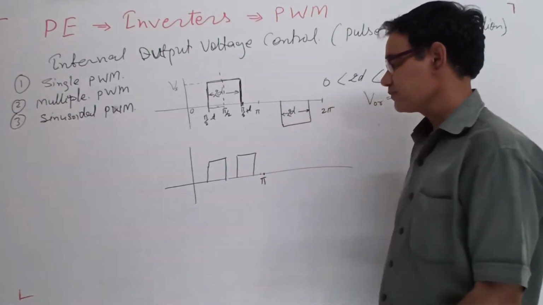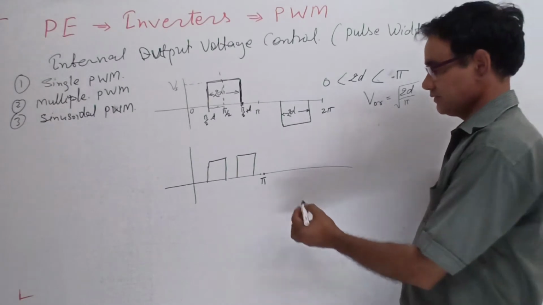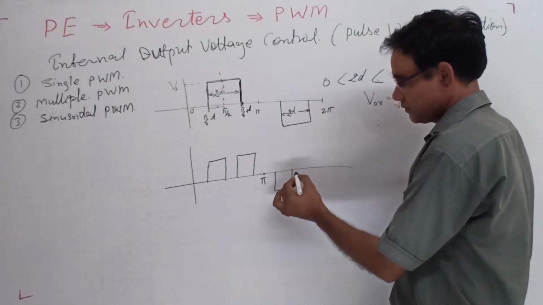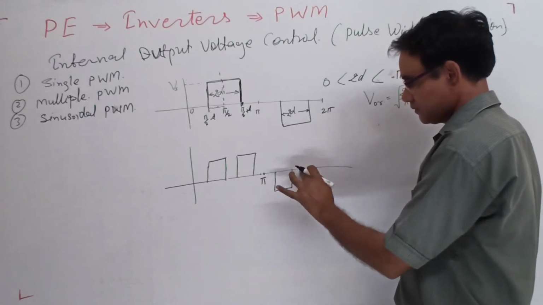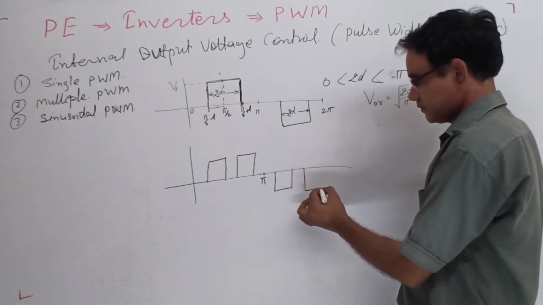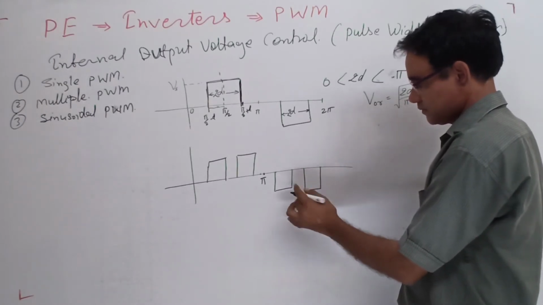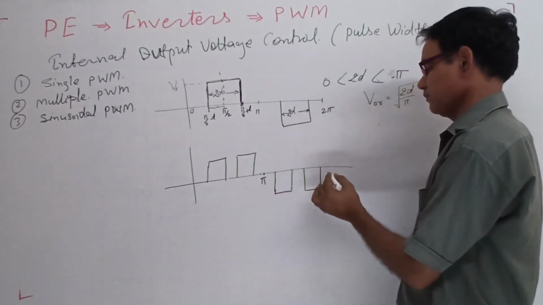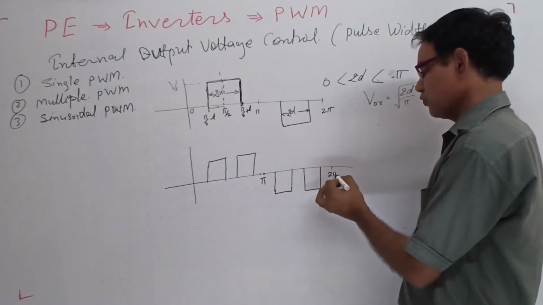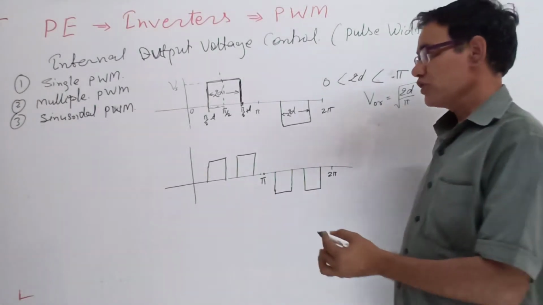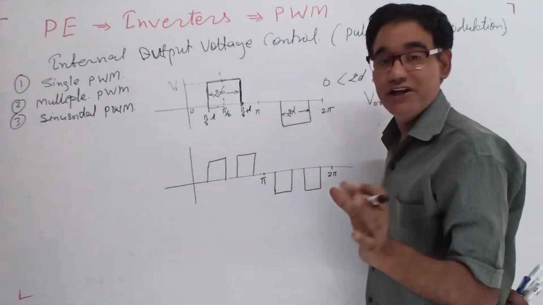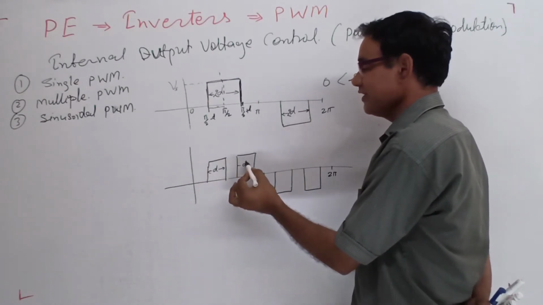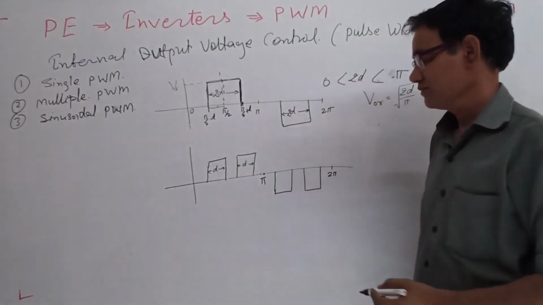The total width is 2d, so this width is d and this also d, so the total becomes 2d.